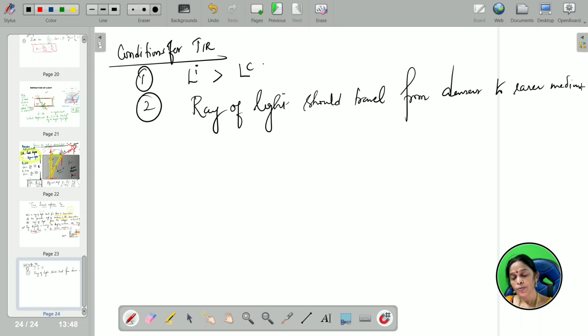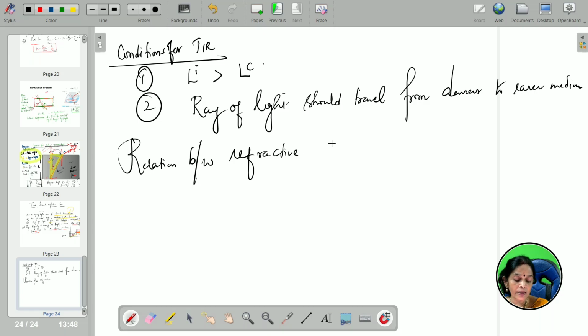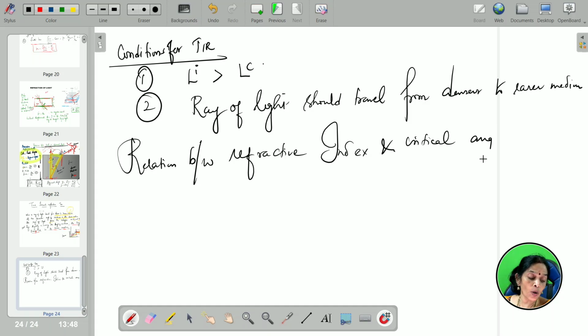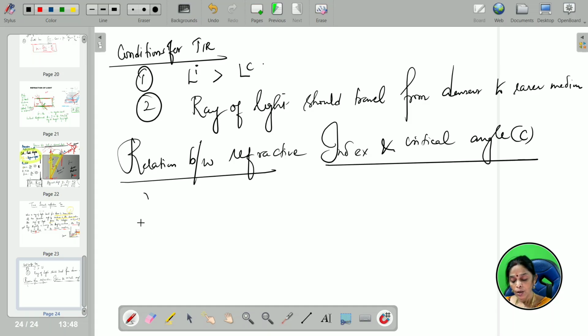You got it? So now we are going to find out a formula, the relation between the refractive index of the medium and the critical angle. You must understand what the critical angle C is.